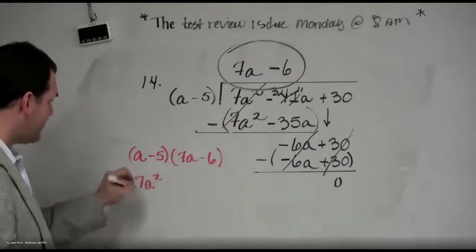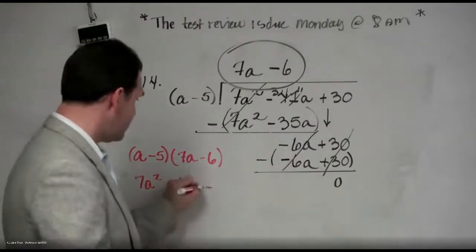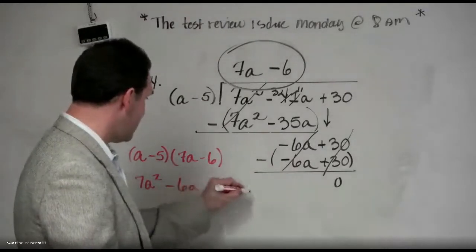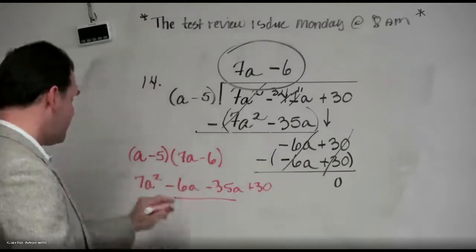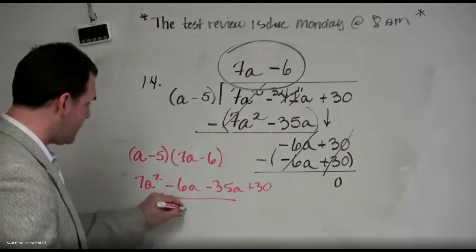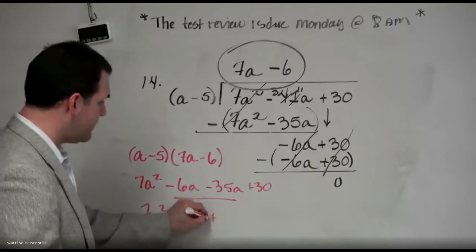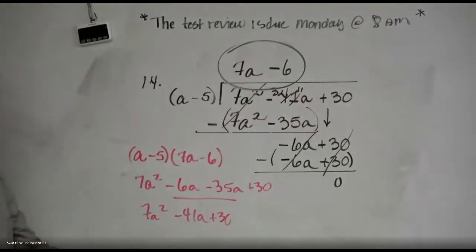Outer, negative 6 times a is minus 6a. Inner, negative 5 times 7a, negative 35a. Last, negative 5 times negative 6 is positive 30. These terms combine in the middle. So you have 7a squared minus 41a plus 30. It should match the dividend. It does. We're right.